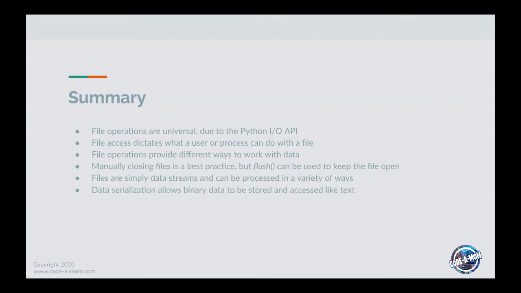You can take a chunk of bytes and process that chunk, and then grab the next chunk and basically handle the chunks in a serial fashion. You can process a file line by line, whatever you want to do. And then finally, data serialization allows you to work with binary data just as if it was regular text strings, but it's a data structure within Python.